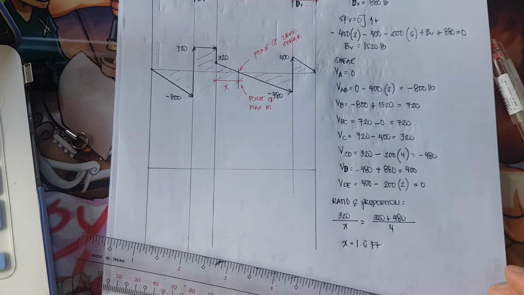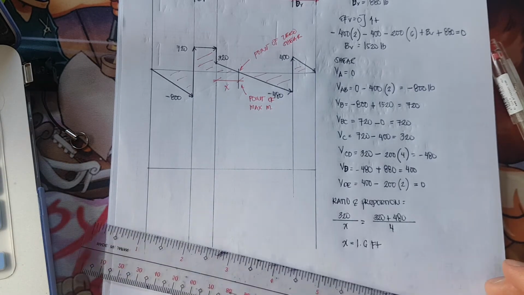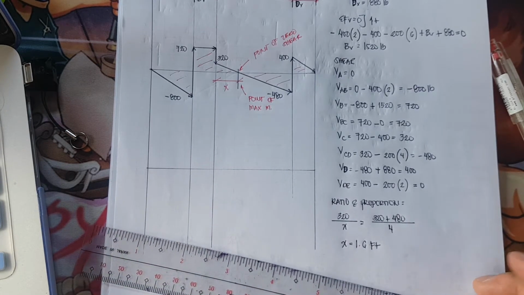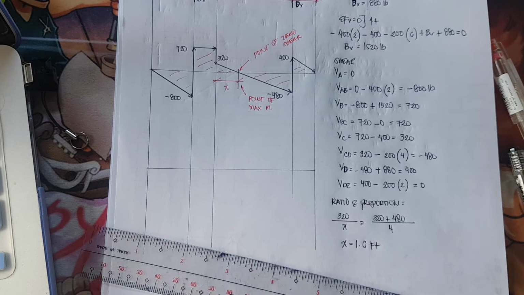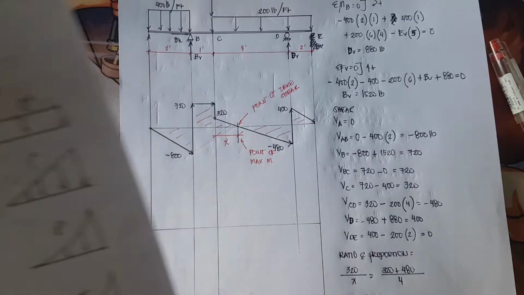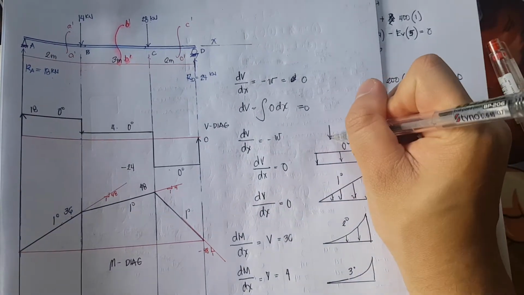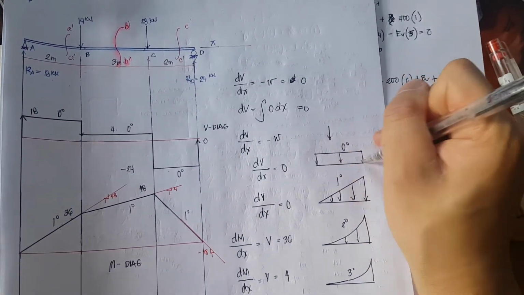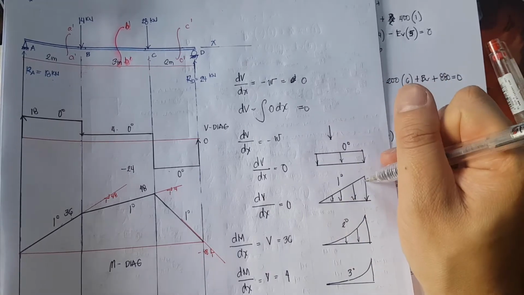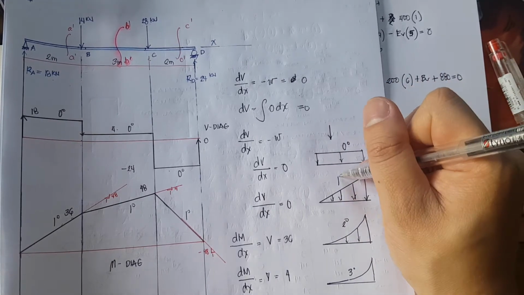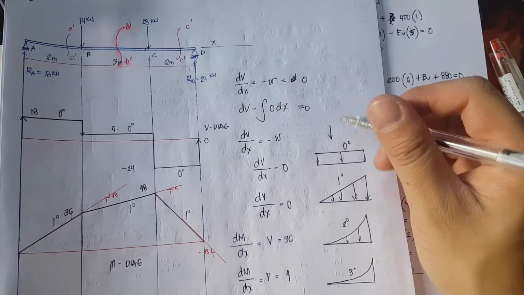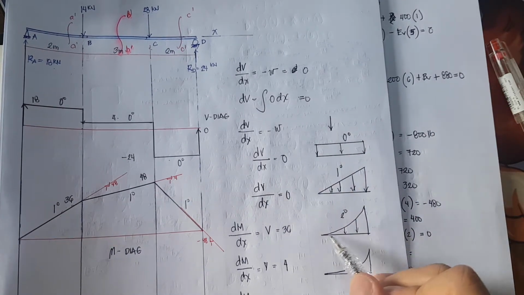So for the moment diagram, it is simply the area. If we are to recall from our previous discussion, point load followed by a uniformly distributed load followed by a uniformly varying load, so that would be the first degree, and it will be followed by a second degree curve.